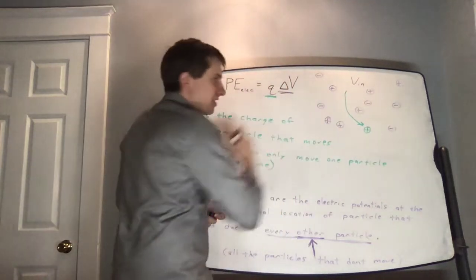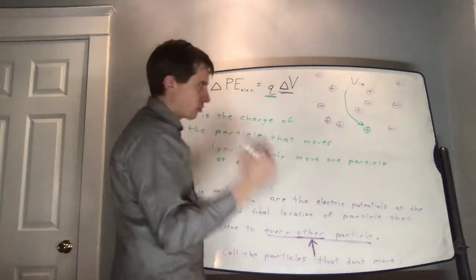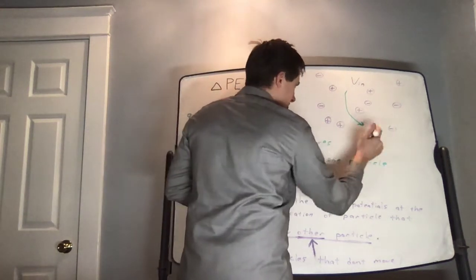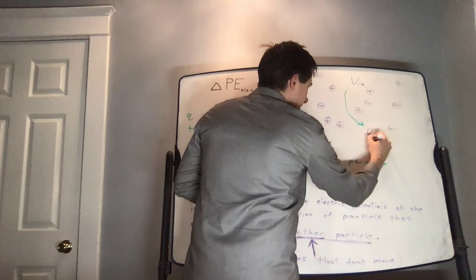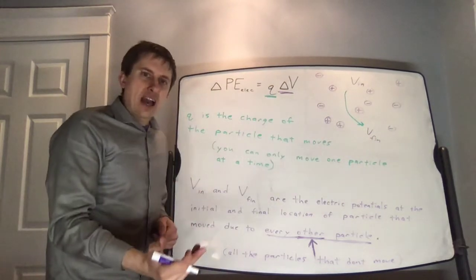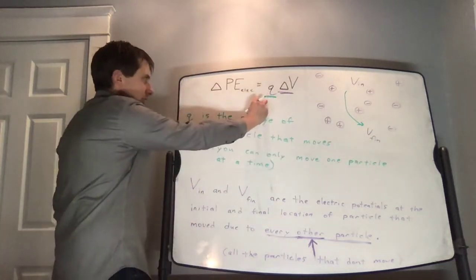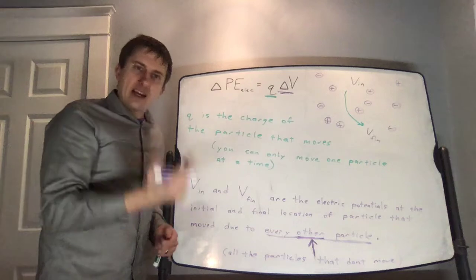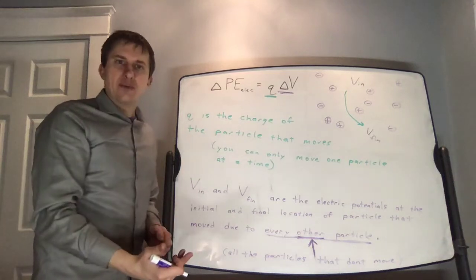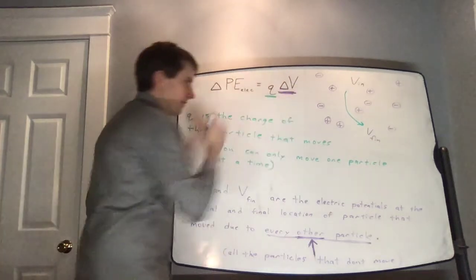And these 11 stationary particles will contribute some amount to the electric potential at the final position of this particle. So I will have some value for V final right there. I account for the charge of the particle that moves when I plug in a number Q here. I account for all the charges in my system that do not move in the calculation of delta V.